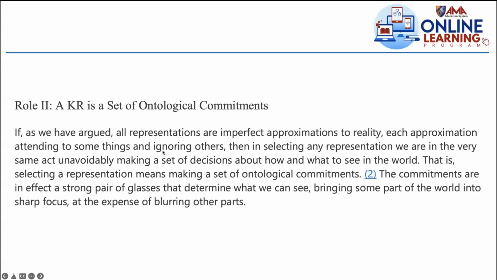So a KR is a set of ontological commitments. So we're done with the KR as a surrogate, no? Imperfect surrogate because it's prone to error, also because it's just a substitute. Okay, so a set of ontological commitments. This ontological commitment class is kind of connected to ontology, no?